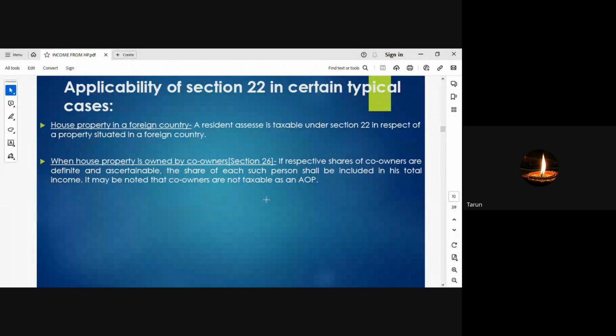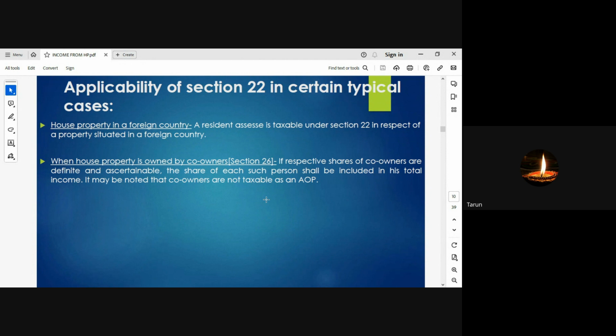So these are the two cases. Don't be confused at all. If you have a house property in a foreign country, it is equally taxable, right? If a house property is owned by co-owners, it is not taxable if it is considered as an association of persons. If we talk about an individual co-owner, and if any income arises from such land let out for commercial or residential purposes, then it is taxable, otherwise not.